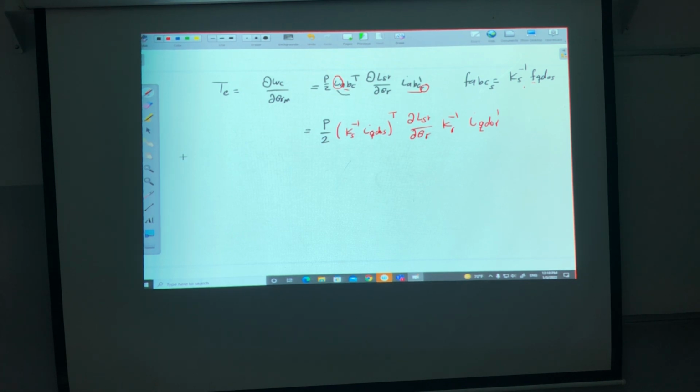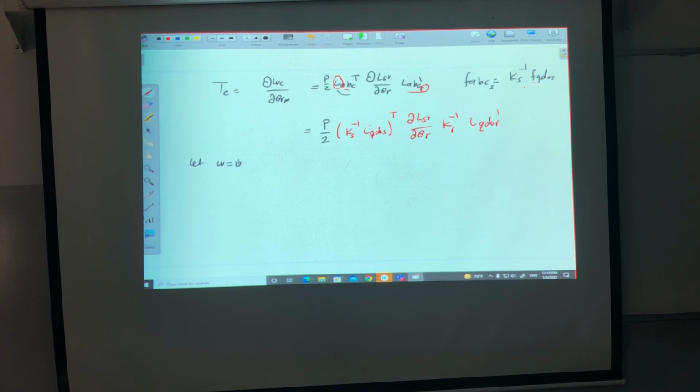So let's assume that I will discuss the torque expression when omega equals zero. Good? Which means that the frame is now stationary. Someone said, if I change the frame, will this change the torque?